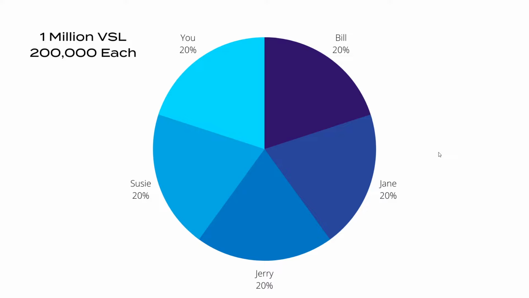What's another thing that we don't know about? We don't know who else is going to be staking. We don't know who has what size of the pie. Does Bill have a bigger slice than Jane? Does Susie have a smaller slice than Jerry? Does someone have the biggest slice of all? We won't know that until we're able to sift through that data and look at what's going on.